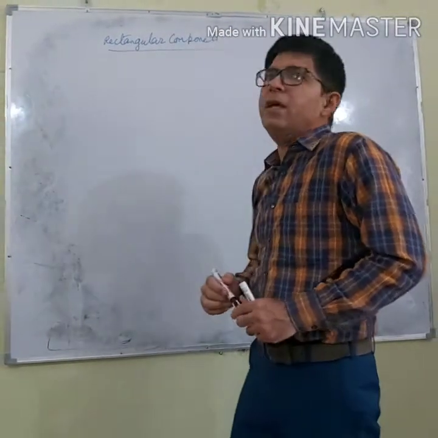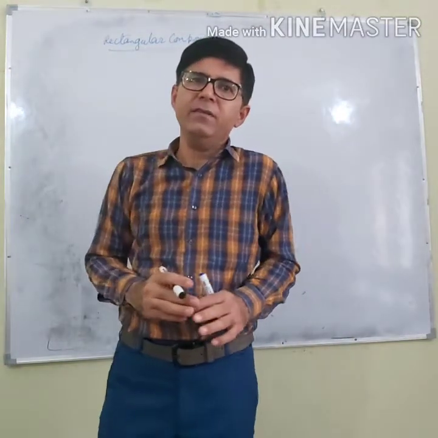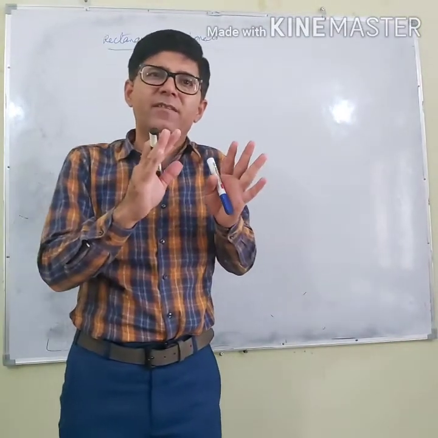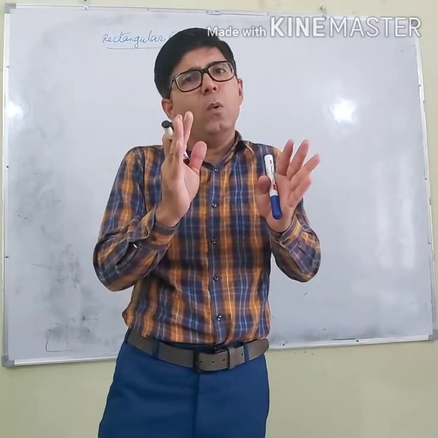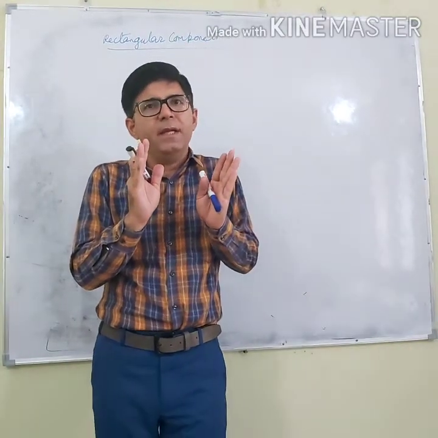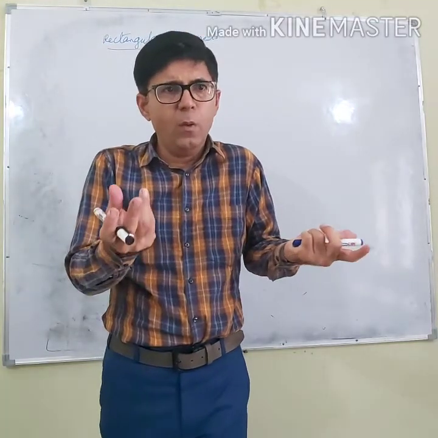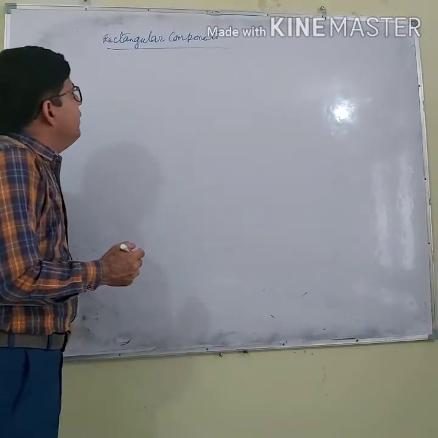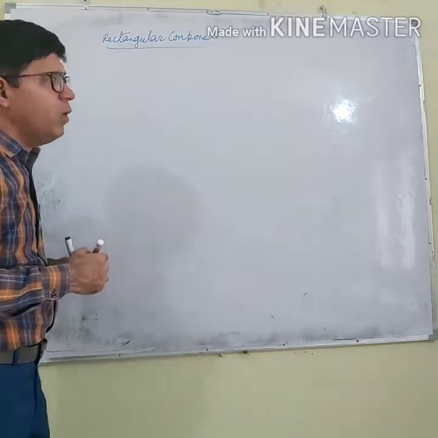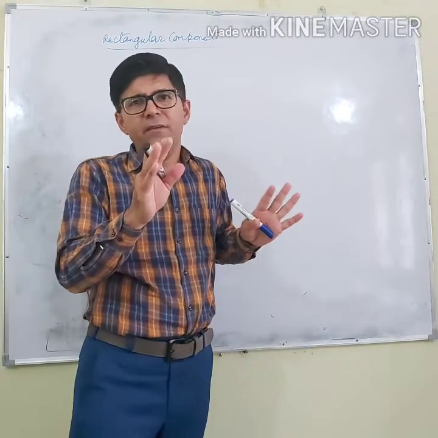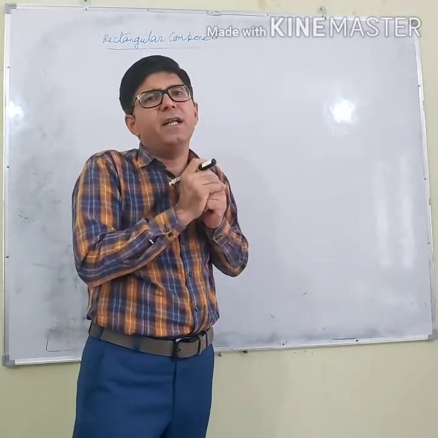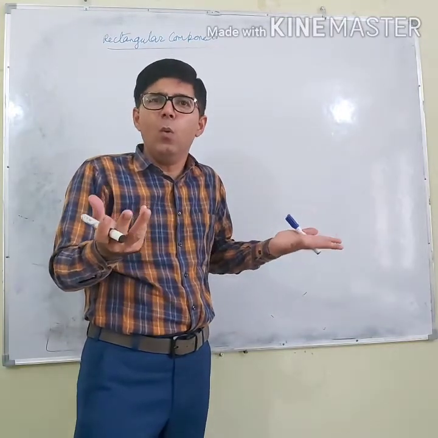So if I am asking about rectangular components, it means these components are perpendicular to one another. They are making an angle of 90 degrees with one another. Now, what are the rectangular components? The components of a given vector which are perpendicular to one another.